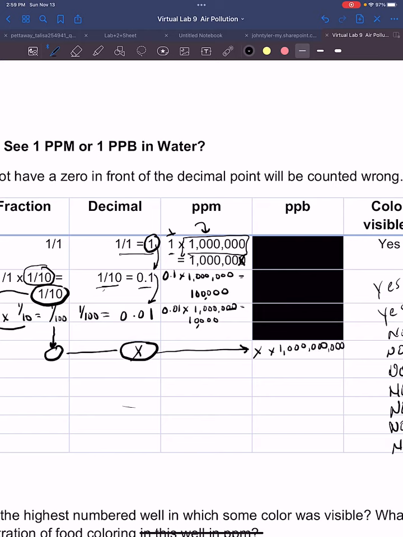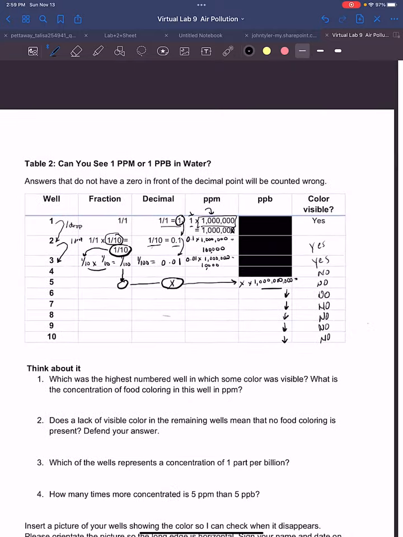And that's going to give you this number right here. And then you're going to continue to drop by a factor of 10 as you go down.